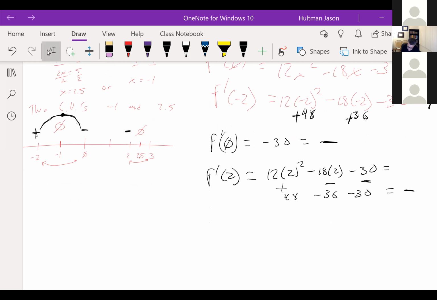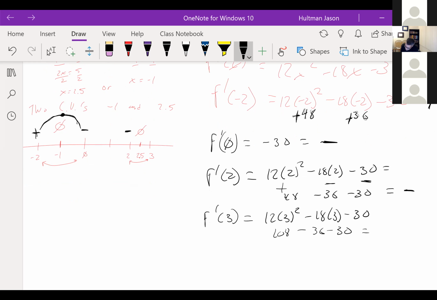Then at 3, f prime of 3, we're going to get 12 times 3 squared minus 18 times 3 minus 30. This is 12 times 9, which is 108, minus 36 minus 30. That's going to give me a positive result because these two negatives aren't going to beat out the 108. So that goes to positive.